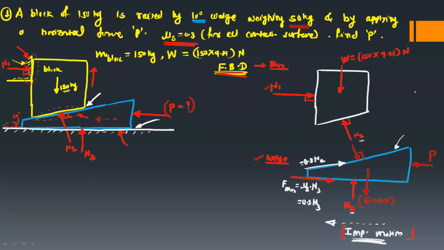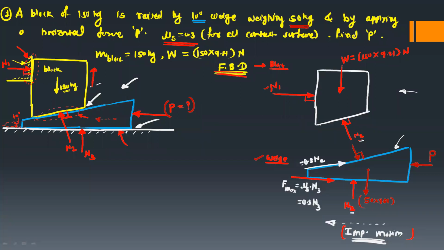Now consider the block. For the block, at this contact surface, there will be a friction force, but we have to observe the direction of the impending motion. So just observe this diagram. When we push the wedge on the left side, its motion is on the left side.